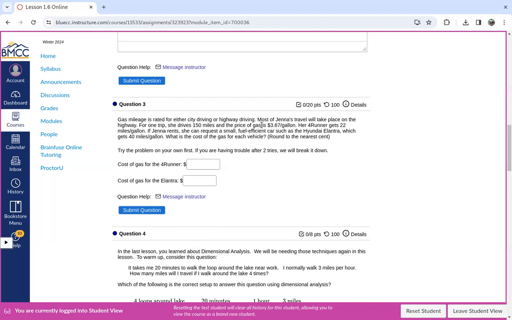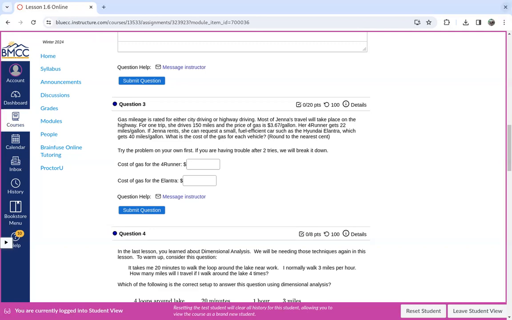And she's going to go 150 miles. And the gas is $3.67 per gallon. All right. I think I got everything.